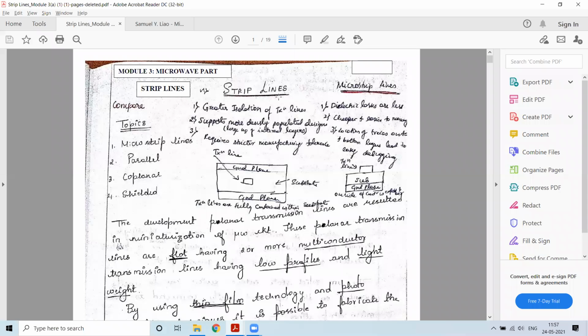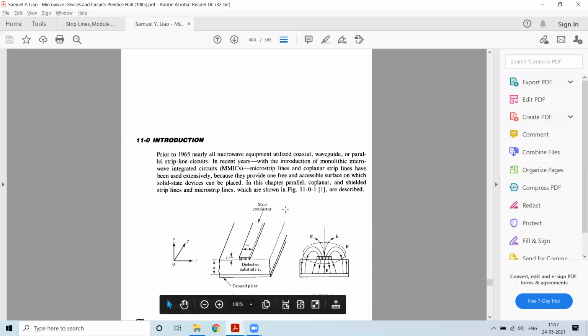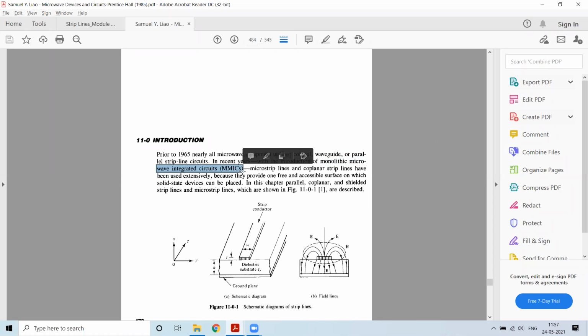So what is actually a strip line? This is also built using integrated circuit concepts. Here we call it a monolithic microwave integrated circuit, MMIC. Integrated circuits in general, such as those you use in the logic design lab, that is digital electronics, operate at very low frequencies and very low power.